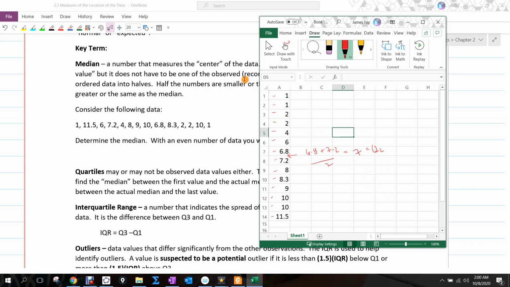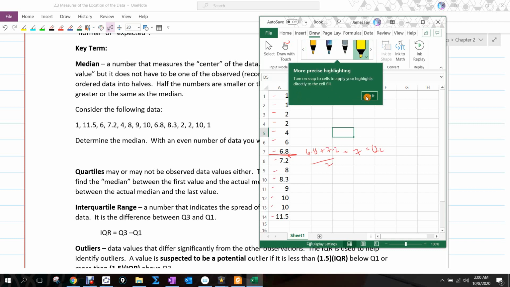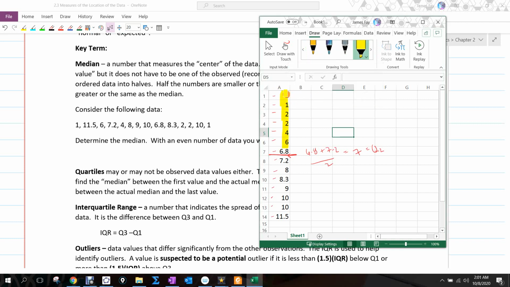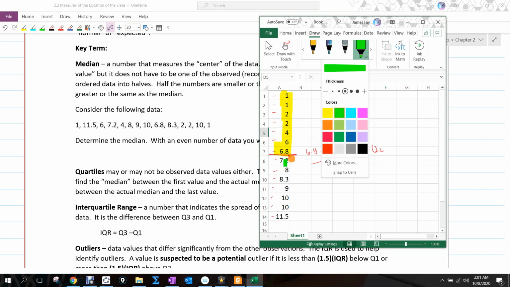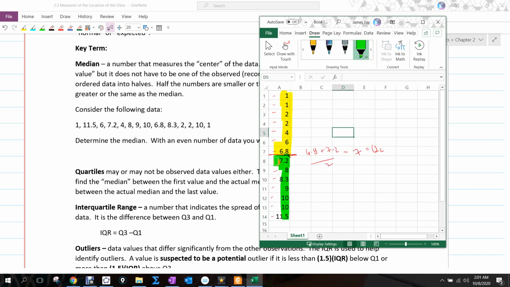The next thing I'm going to do is find Q1 and Q3. This number here, 7, has now broken my data into two groups: this group here, and this group here.